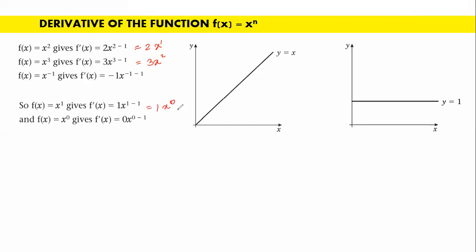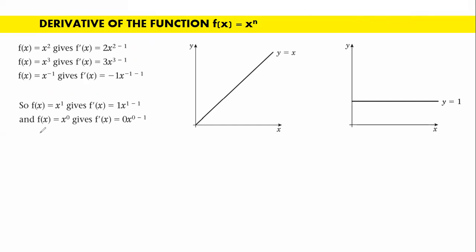We know that x to the power 0 is 1, therefore our gradient is 1. f(x) equals x is the function y equals x. If you sketch a graph of this, you get a straight line passing through the origin with a gradient of 1. So we know that obviously the gradient f'(x) of this function should be equal to 1.